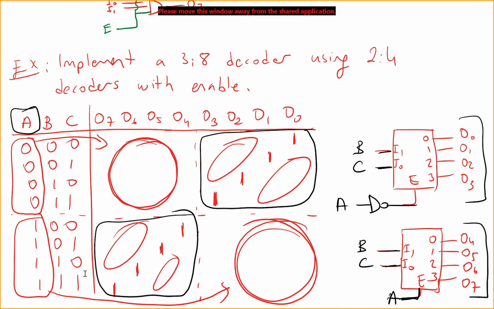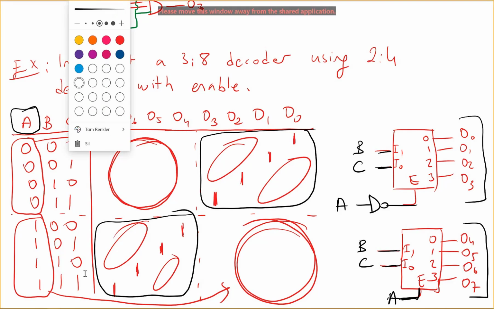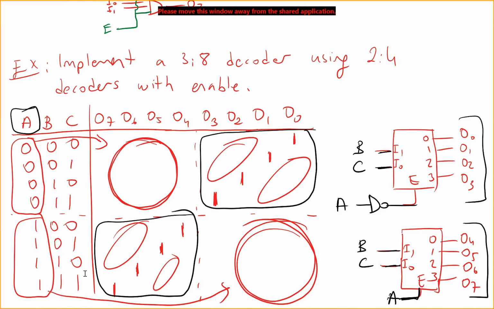So basically we are using this enable in this case to control the upper part or the lower part of our outputs, and we are connecting it to the signal A. Let's try one case here just to show it's working. Let's try this case, A, B, C is 0, 1, 1. If A is 0, this is 1 and this is enabled.